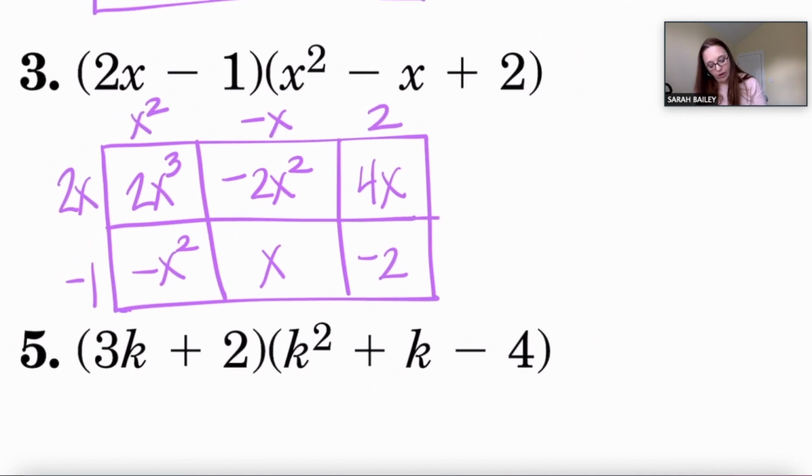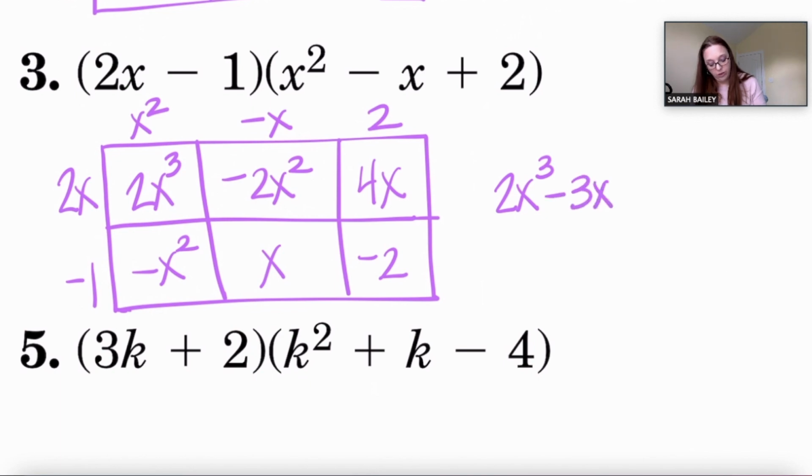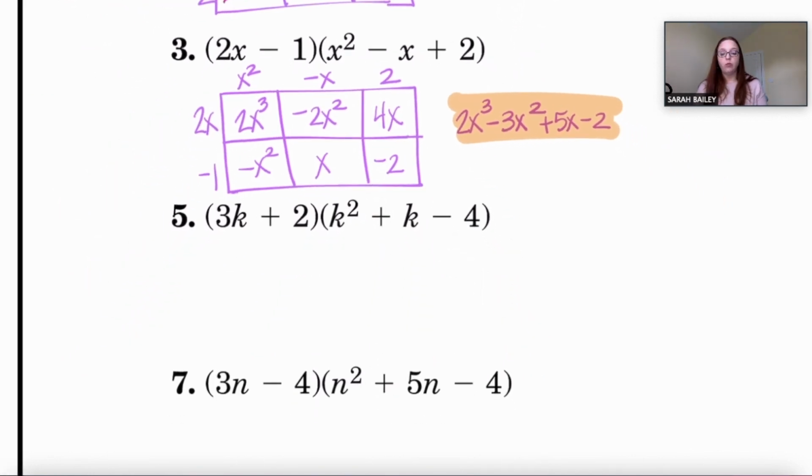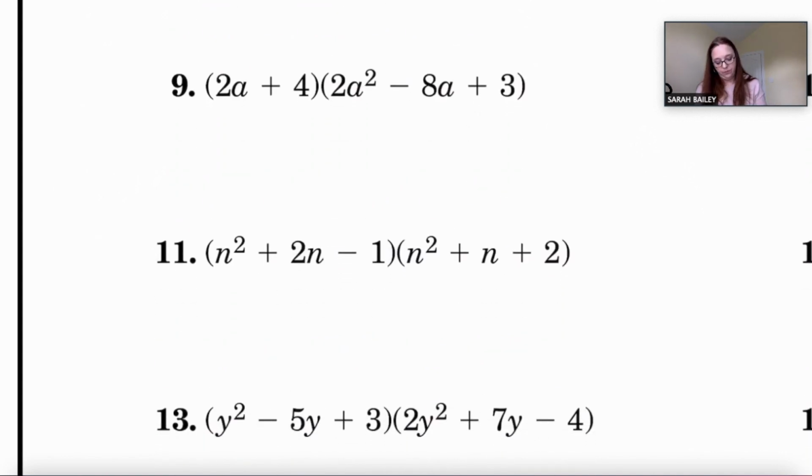All right, so I've got 2x cubed, and then if I look at these two terms, negative x squared, so think of it as negative 1x squared, plus negative 2x squared. Well, negative 1 plus negative 2 is negative 3. So minus 3x squared, then x plus 4x is plus 5x minus 2. Okay?